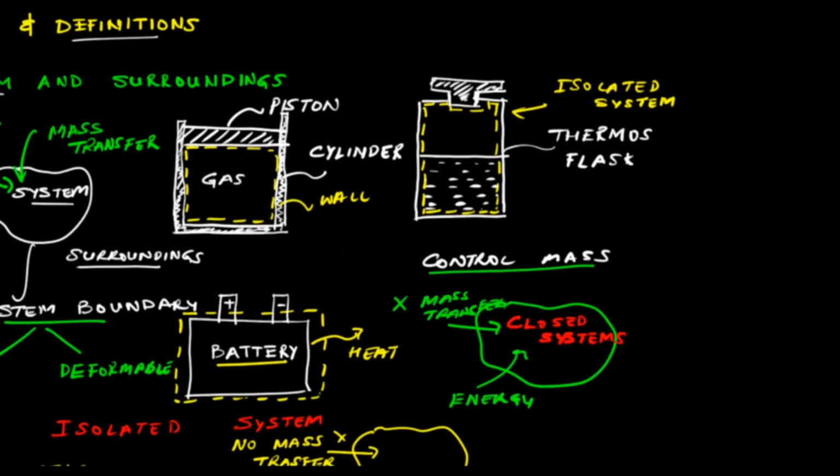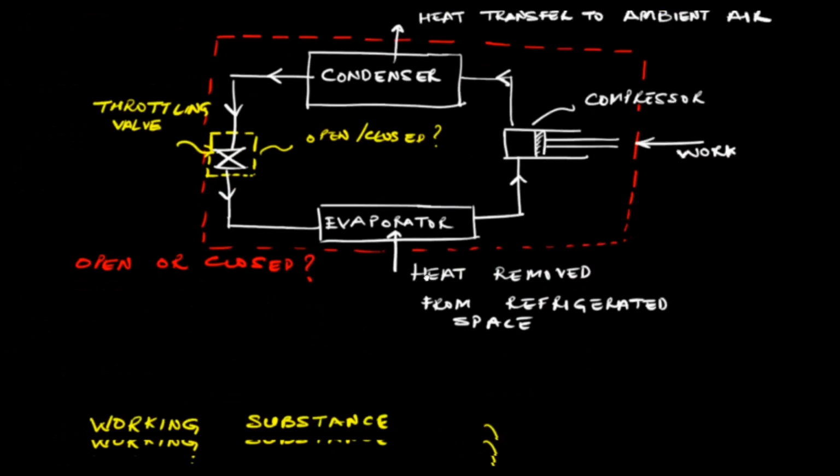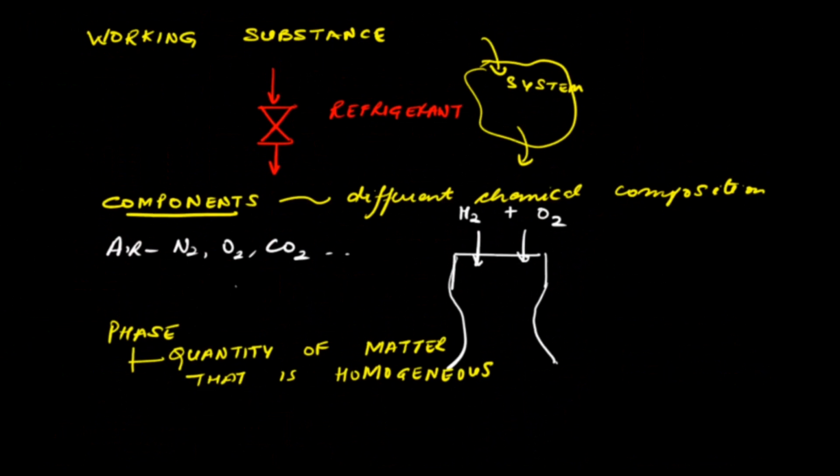Let's for the moment assume that this thermos flask is evacuated, so the only thing that you have inside is water, liquid phase, and vapor phase. Then we say that water is present in two phases, liquid and vapor. These phases are separated by a boundary called the phase boundary.